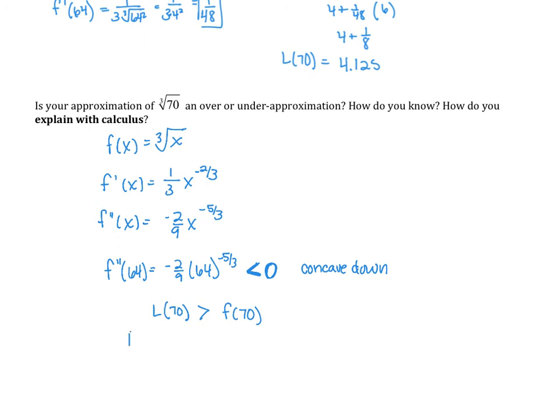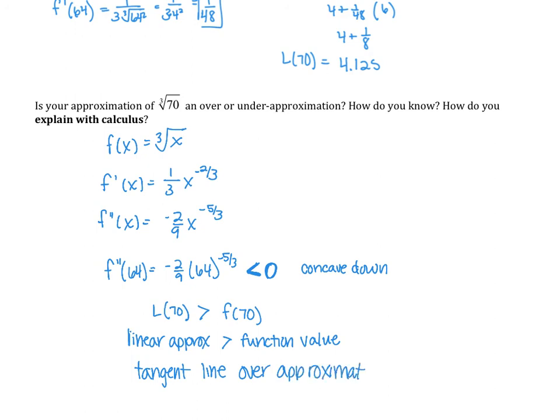The linear approximation is more than the function value, because the tangent line over approximates. We could have seen that from the graph, but we can prove it using calculus too, because the second derivative will tell us about our concavity.